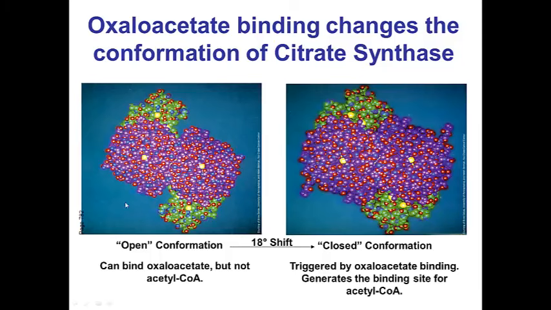So in the open conformation, the enzyme can bind oxaloacetate, but it can't bind acetyl CoA. And remember, acetyl CoA has that very high energy CoA bond. So this makes sure that we don't have non-productive hydrolysis of CoA. So once oxaloacetate is bound, the enzyme closes, and this generates the binding site for acetyl CoA, which allows the reaction to go forward.